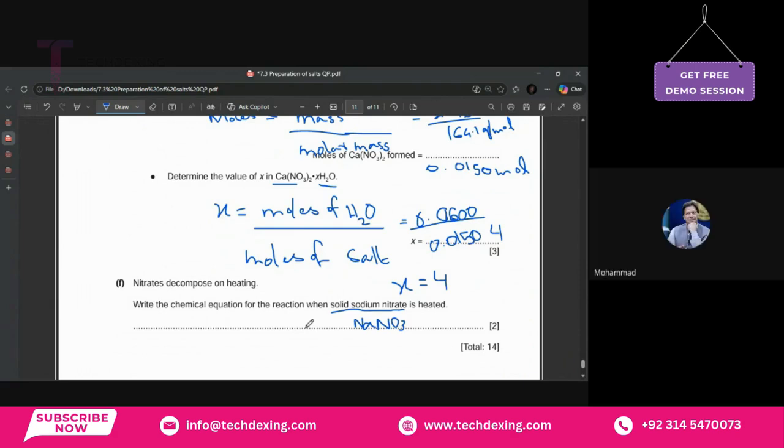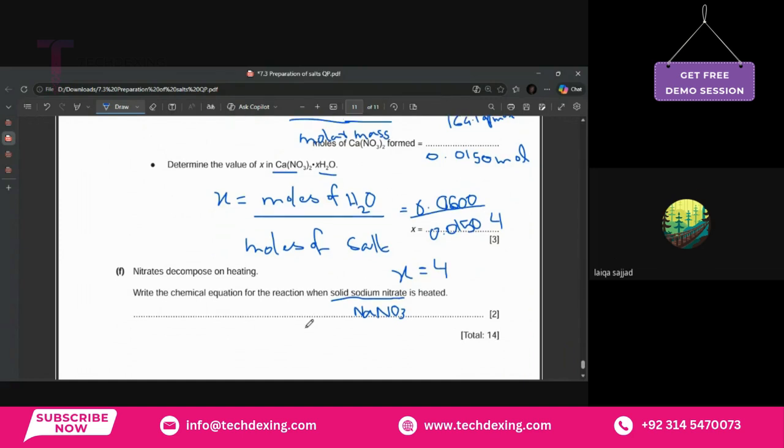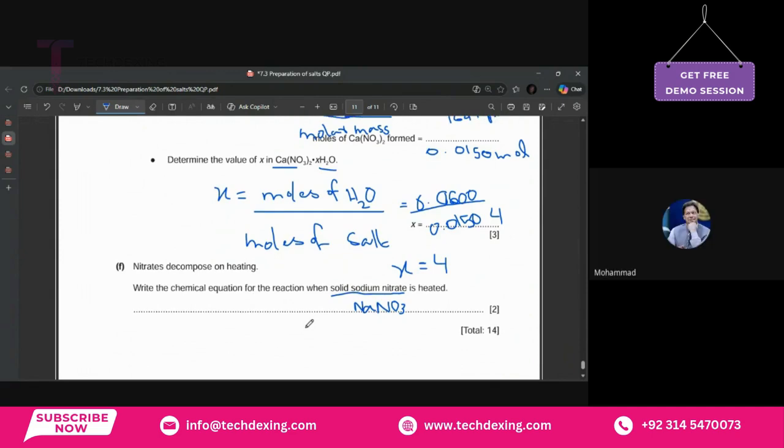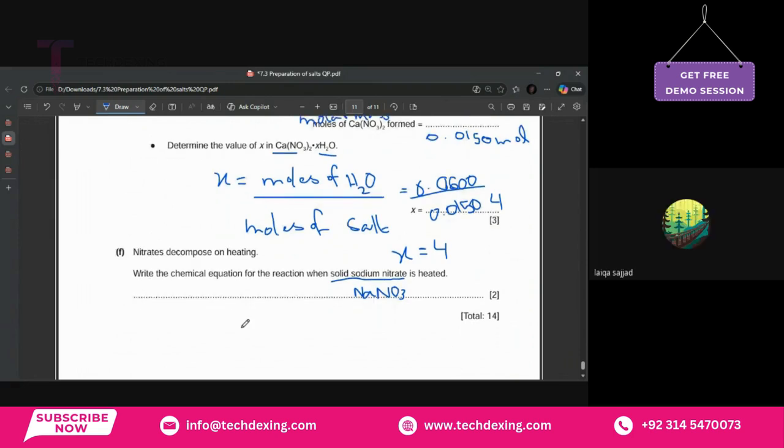It breaks down, so the nitrate ion will lose oxygen. Very good. It actually undergoes a decomposition reaction. So what would be the products? NaNO2 plus O2. Very good, excellent.